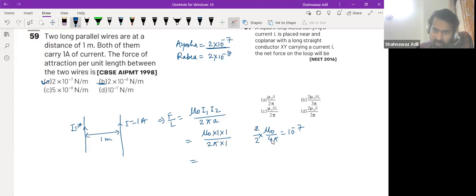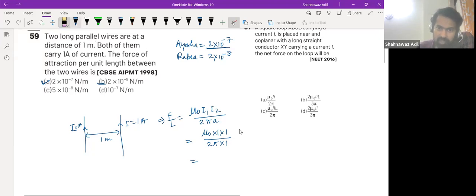So what I should write is that this is mu naught by 2 pi, right? Let us multiply it by 2 divided by 2.